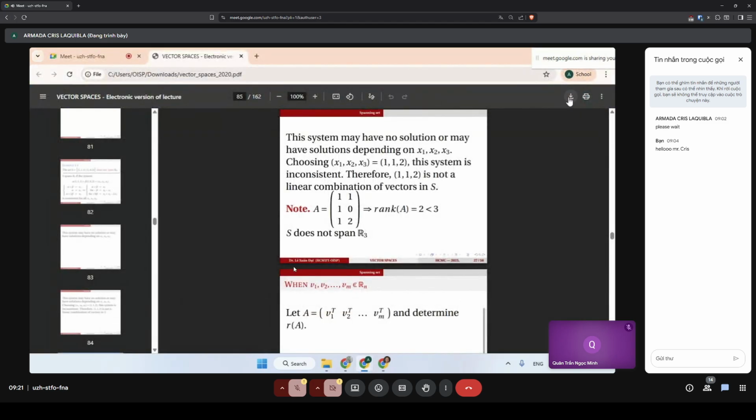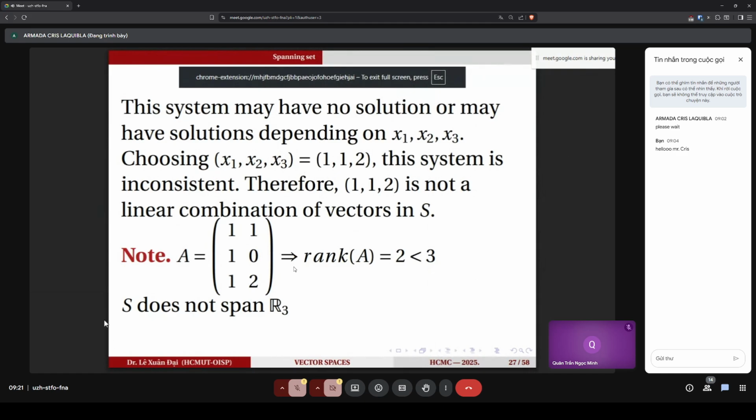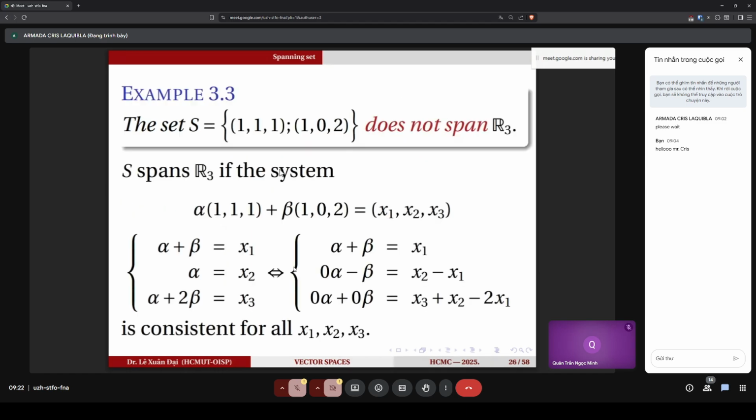Now class, it is less than 3. So S does not span R3. We have that result later: if the rank is less than 3, where the 3 there is the number of coordinates in your vector.